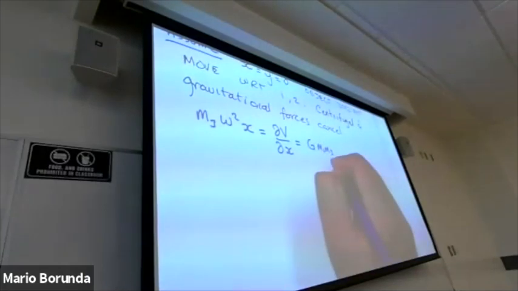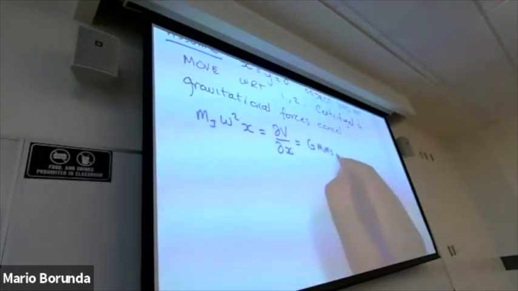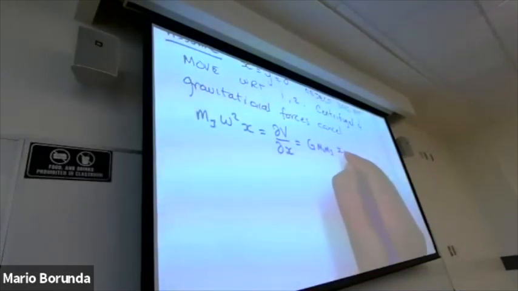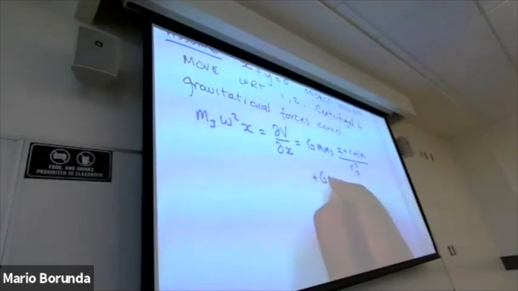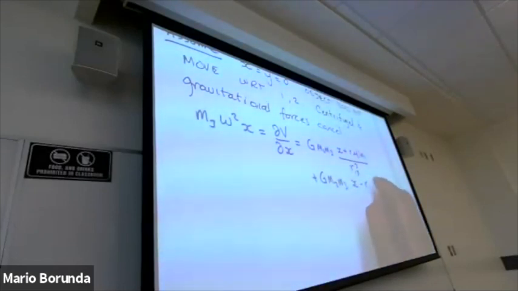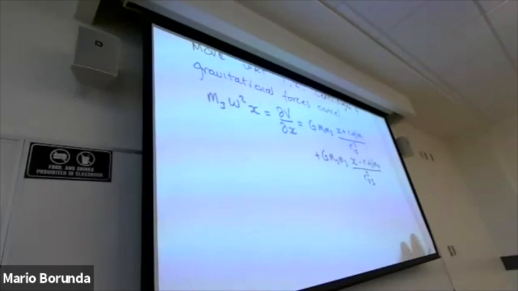We have the constants 1 and 3, and then we have x plus r mu over m1 over r_13 cubed, plus another term for m2, x minus r mu over m2, and the cube of the distance between vectors 2 and 3. So that's the equation for the x.